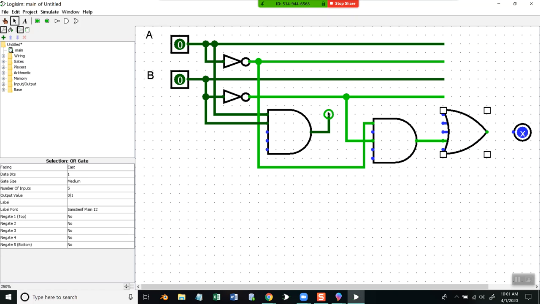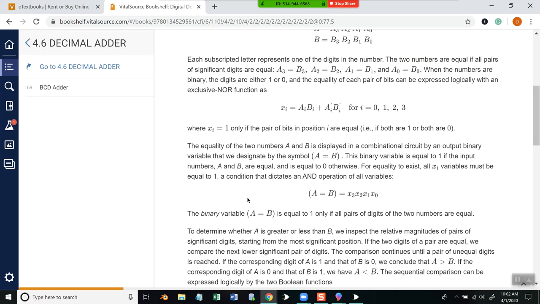Then there's a plus between them. Okay, so I got that. That's not what they're saying down below.